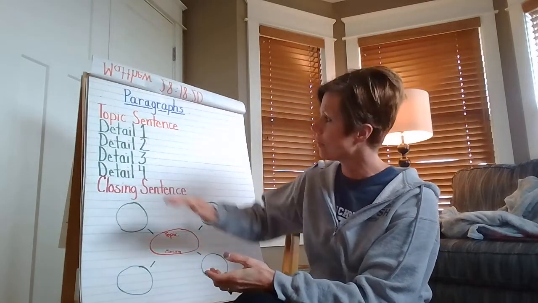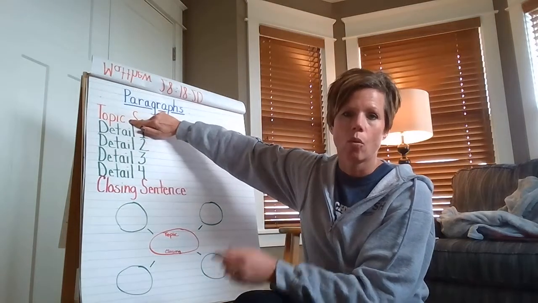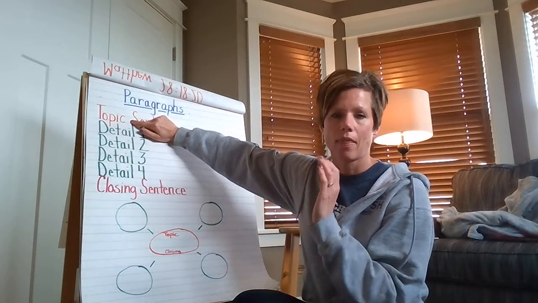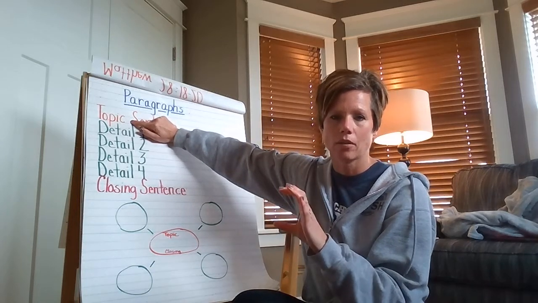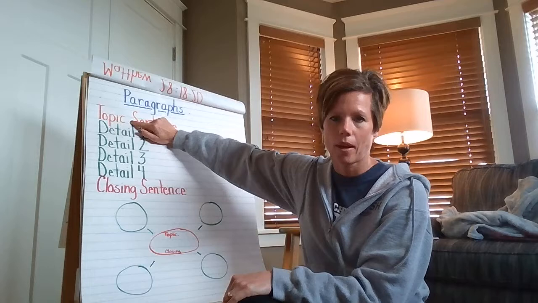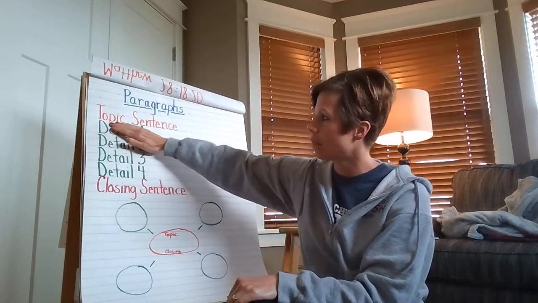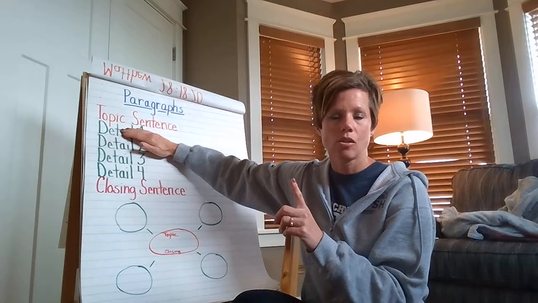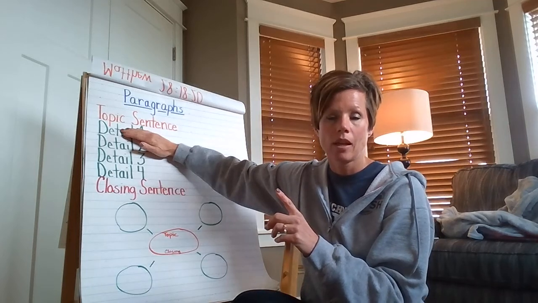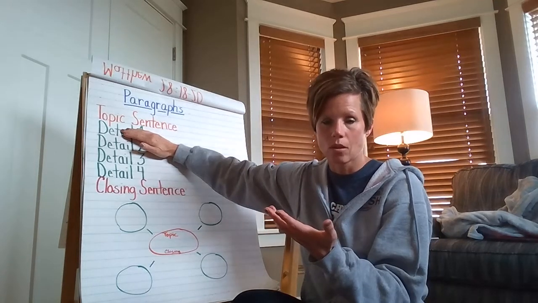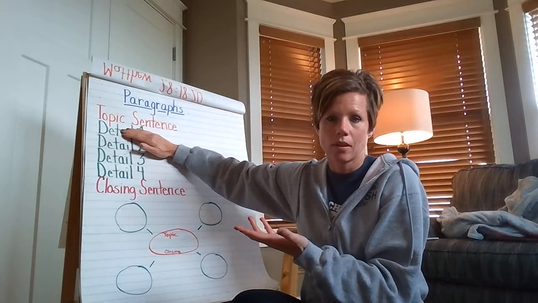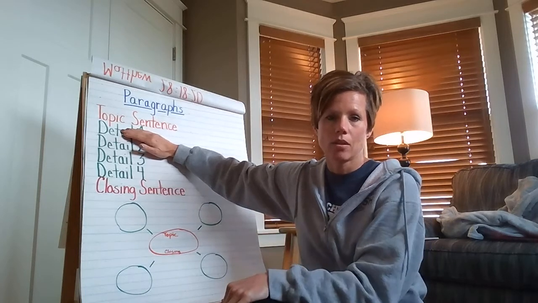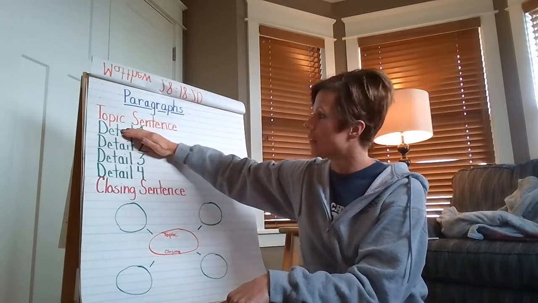A paragraph has a topic, one idea that paragraph talks about, no other ideas, okay? It has a topic sentence. That is the first sentence that you will write in your paragraph, and it introduces what your topic is. And there's a variety of ways to do that, which we'll talk about in a few minutes.